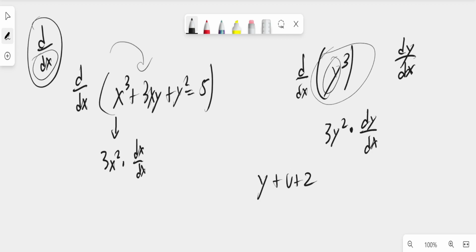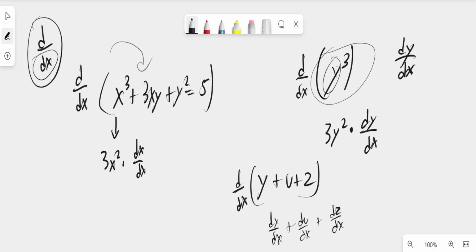I haven't thought about that much, but these would essentially become constants, right? If I wanted to find dy dx. So that's why d over dx exists, where I'm saying let's take the derivative of every variable with respect to x. So now it becomes dy over dx plus du over dx plus dz over dx. Does that make sense?